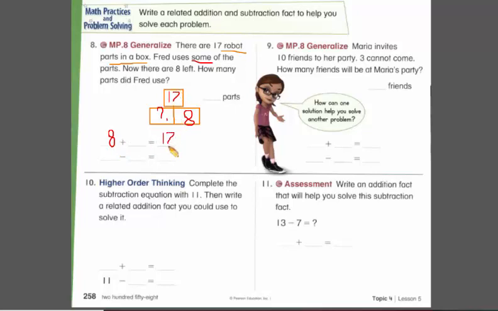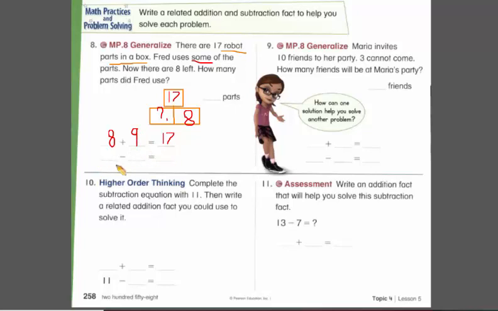You will count on after 8 to reach 17. So after 8, start counting: 9, 10, 11, 12, 13, 14, 15, 16, 17. How many more? 9 more. So 8 plus 9 equals 17.